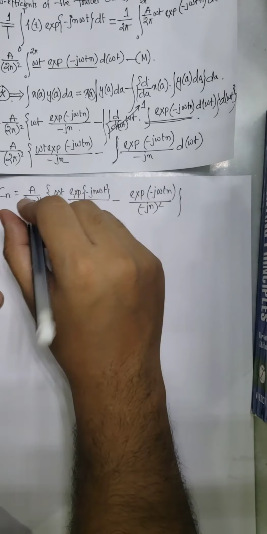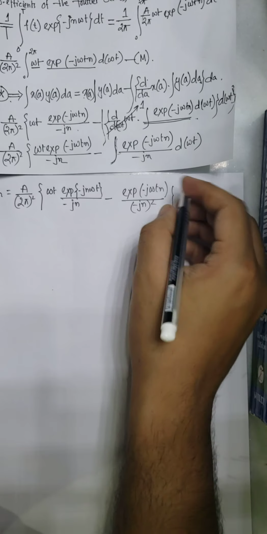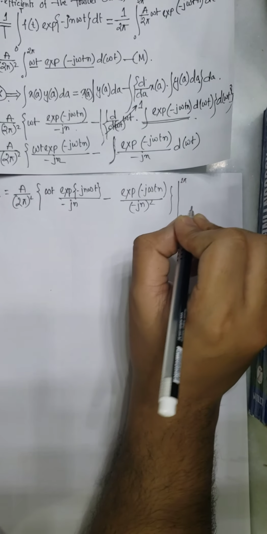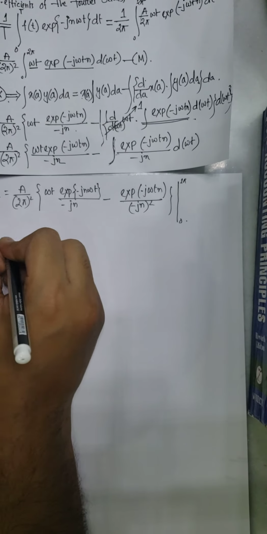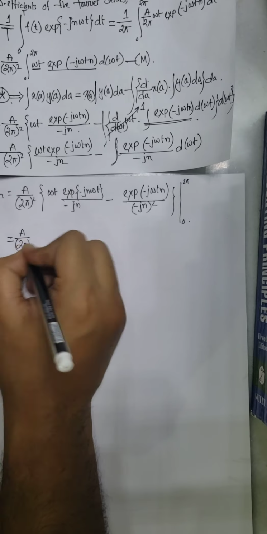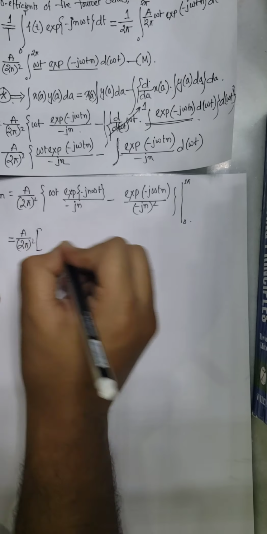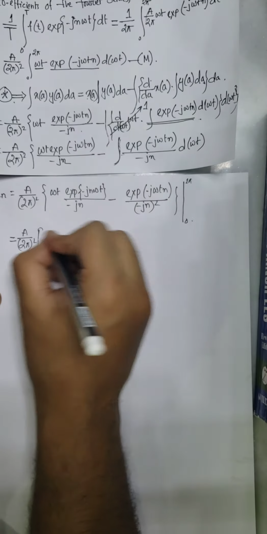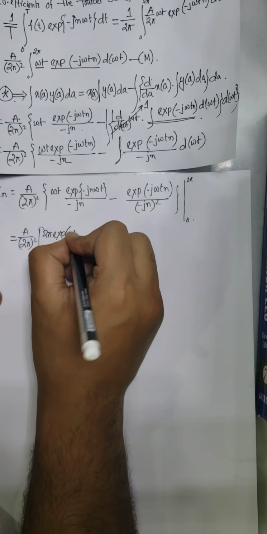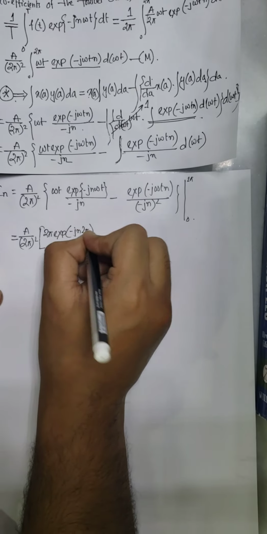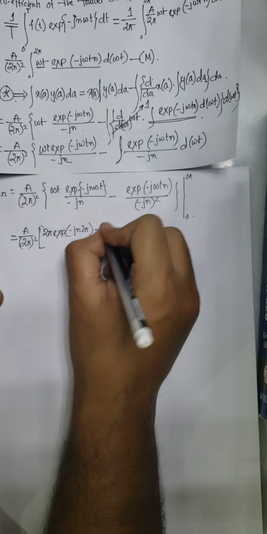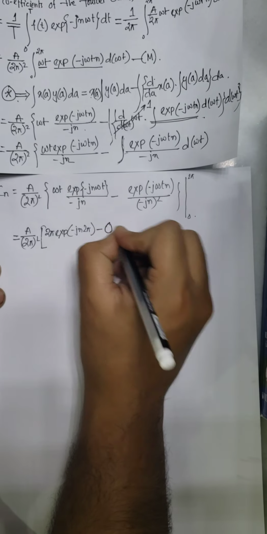Now, since the whole equation is integrated, we can put on our limits from 2 pi to 0, which will yield the following expression: A over 2 pi squared. First putting 2 pi over here, 2 pi e to the power minus jn 2 pi over minus jn, minus putting 0 will yield this to be 0.